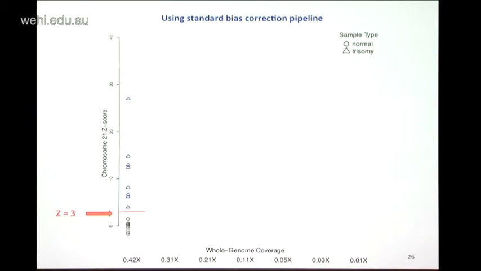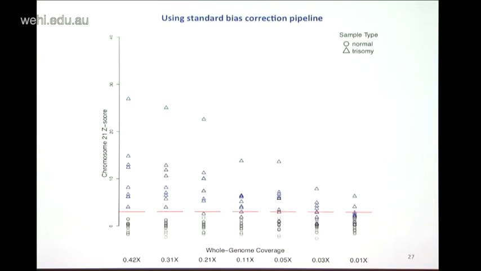The bar here stands for a Z-score of 3, which is the diagnostic threshold used for trisomy detection. At the starting coverage, the standard bias correction pipeline detects all of the trisomies, which are the 9 triangles, and all 20 normal controls are below the threshold.